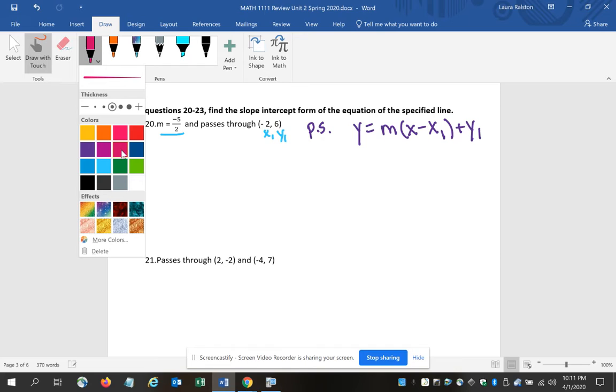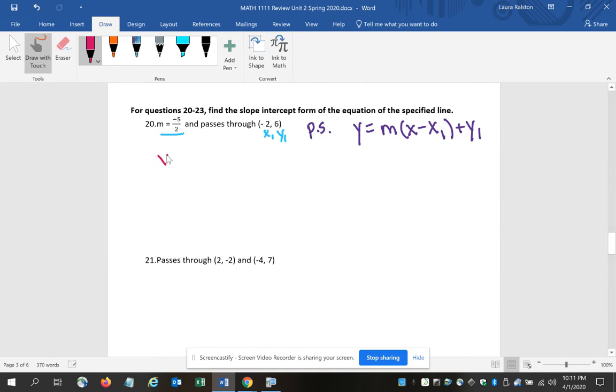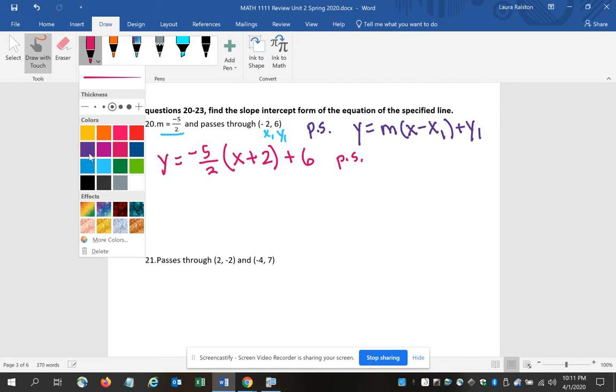Okay, so if I do that, I have y equals -5/2 times x minus a -2, which is +2, plus 6. That gives me the point slope form of the line. But again, notice the instructions say to write the equation in slope-intercept form.